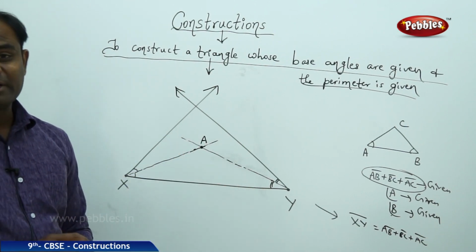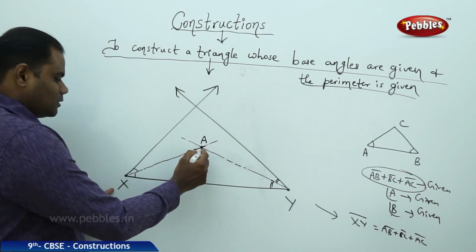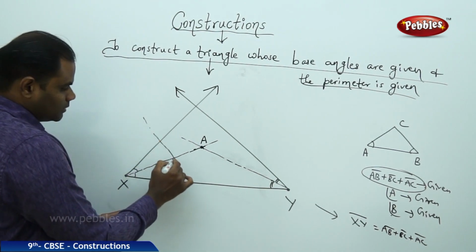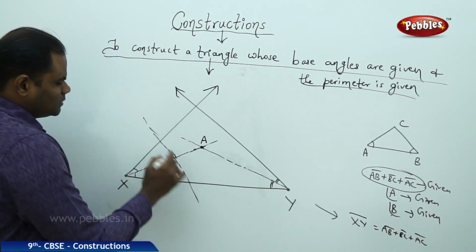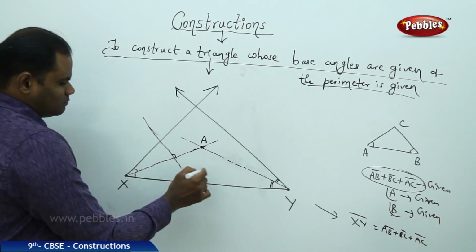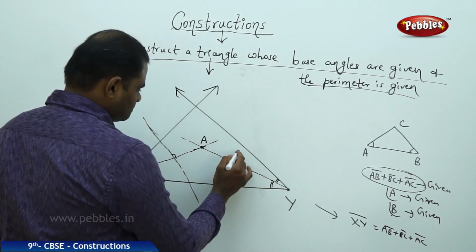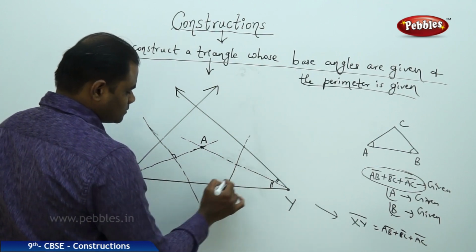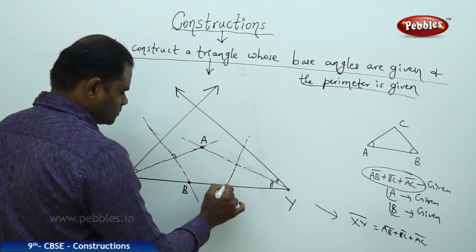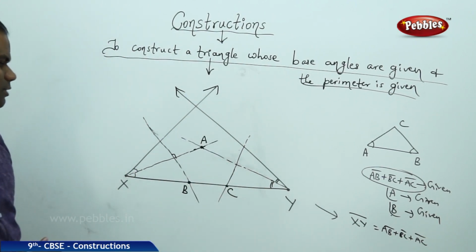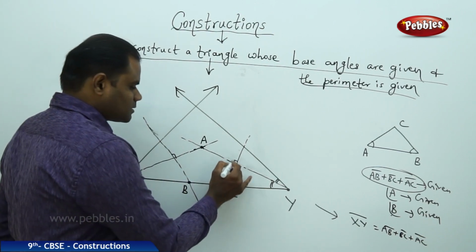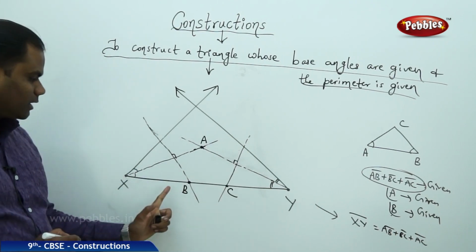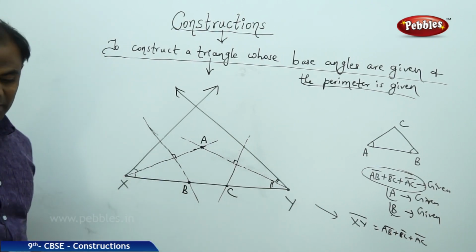now I take the perpendicular bisector for XA. So let me take the distance XA or AX and draw the perpendicular bisector. And let me take the perpendicular bisector of AY, say, which cuts at B and C. So here the perpendicular bisectors from AX and AY meet the baseline XY at B and C, as can be seen clearly in the diagram.